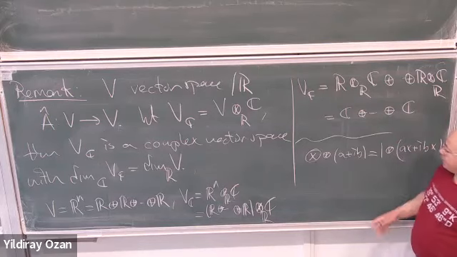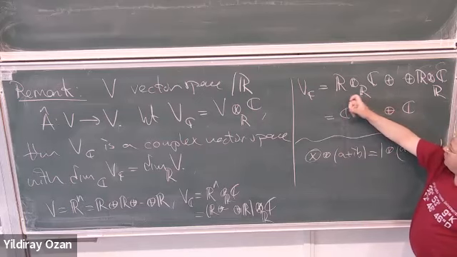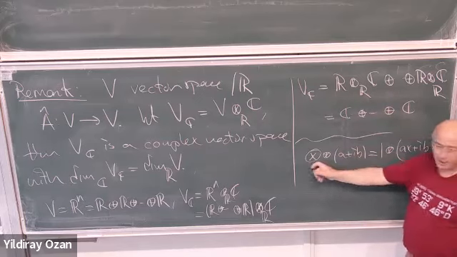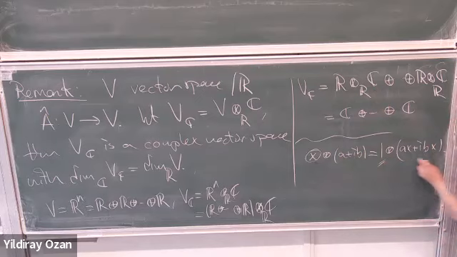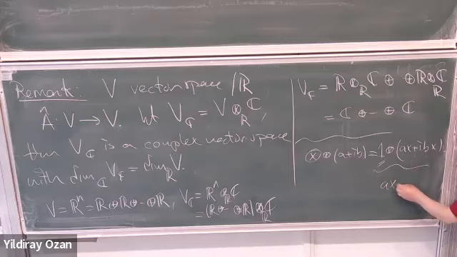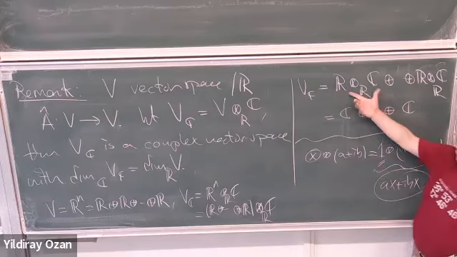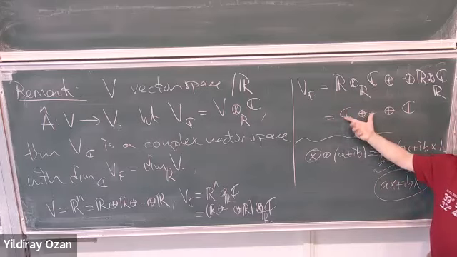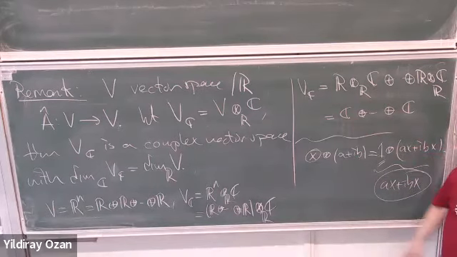So every element of R tensor C can be written as one tensor this, and therefore, since I have always one here, I can just ignore it. And what you get is just ax plus ibx. In other words, every element of this can be regarded as a complex number. Therefore, this is just equal to C. Okay, we just write C instead of this.